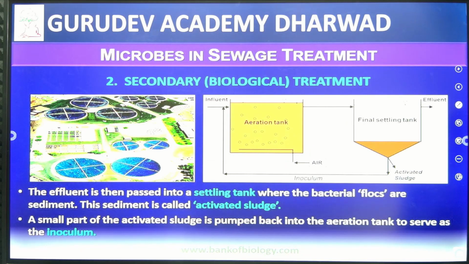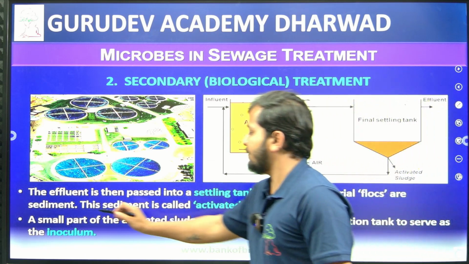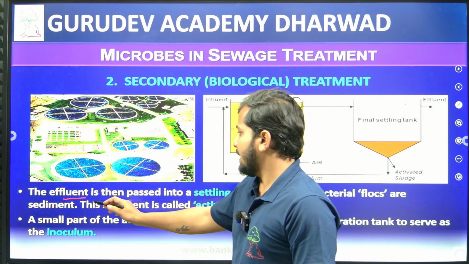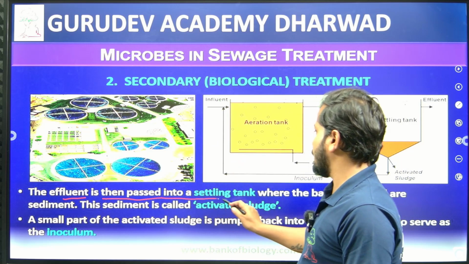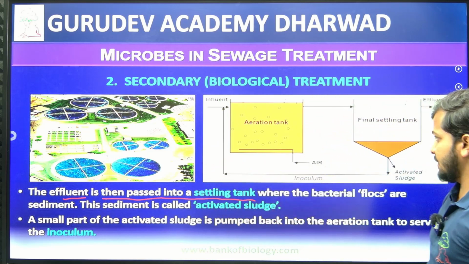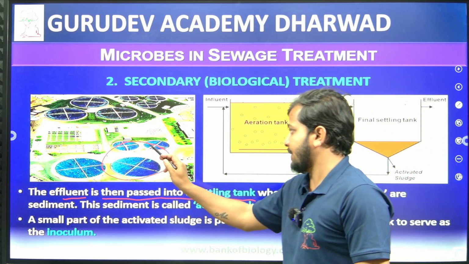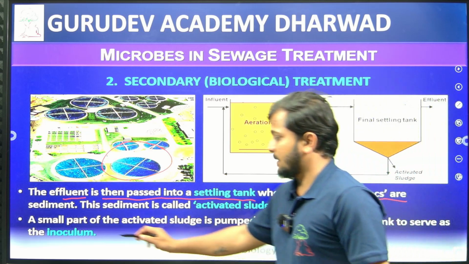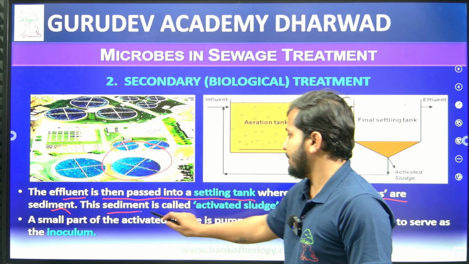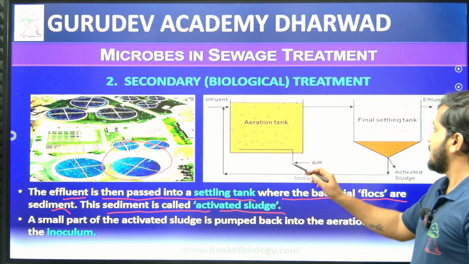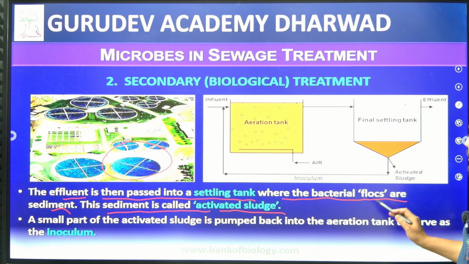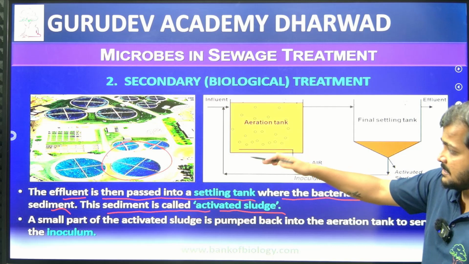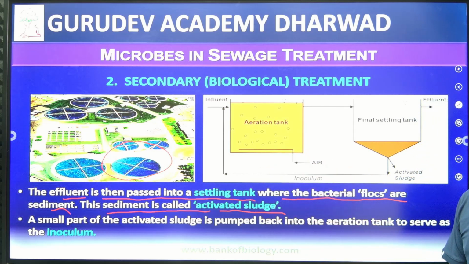In secondary treatment, the effluent is treated with aeration and flocs. Then the effluent is passed into the settling tanks, where the bacterial flocs sediment, and this sediment is called activated sludge.